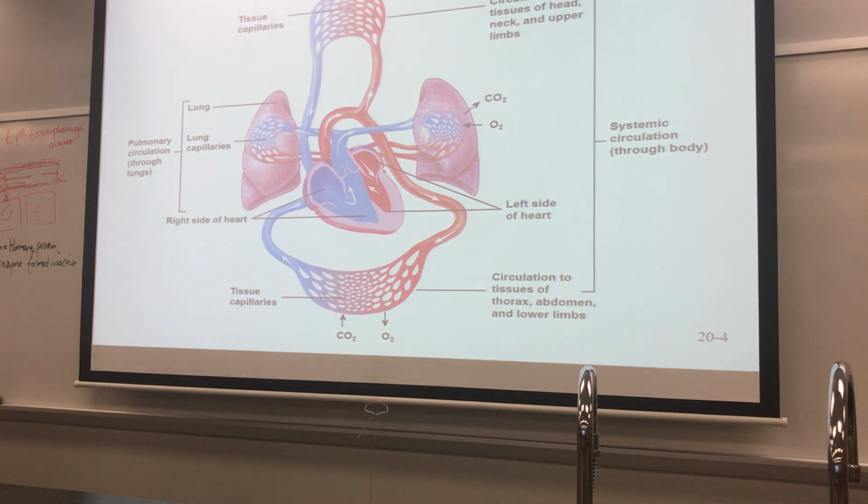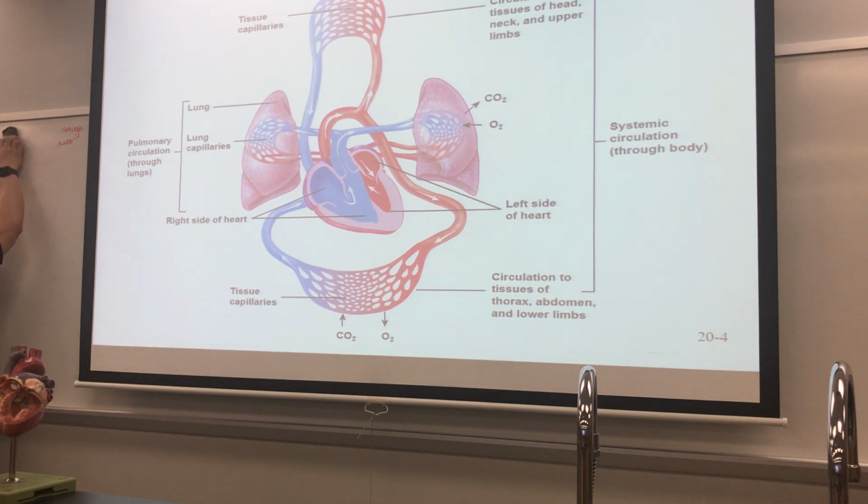As you open it up, you should see that in the ventricle region, one side is pretty thin, and the other side is really thick. So the left side of the heart has much thicker walls, much stronger muscle, and much more muscle mass. The reason why is because of where it's going to move blood to.